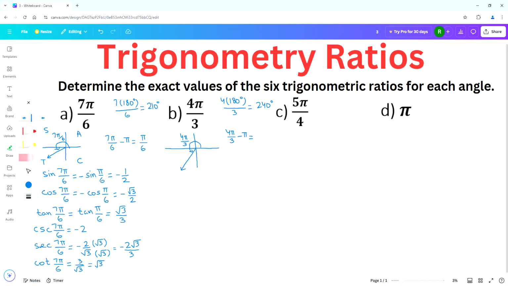So we get 4 pi over 3 minus 3 pi over 3, which is equal to pi over 3. As per the CAST rule or the ASTC rule, tan ratio is positive in quadrant 3, sine and cos are negative. Let's start by finding the value of sine ratio.